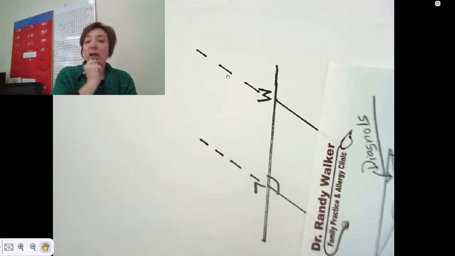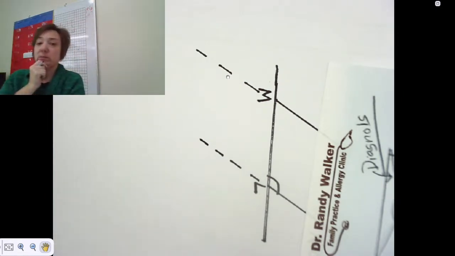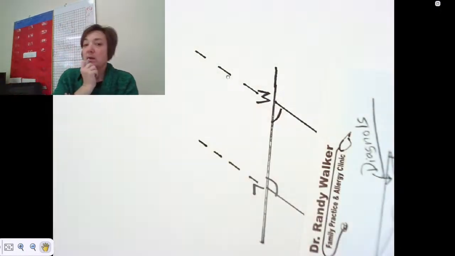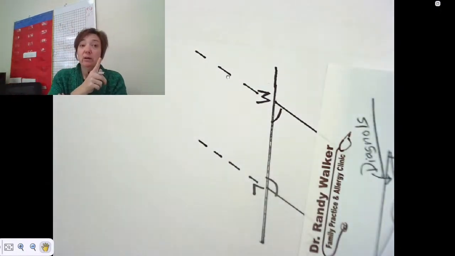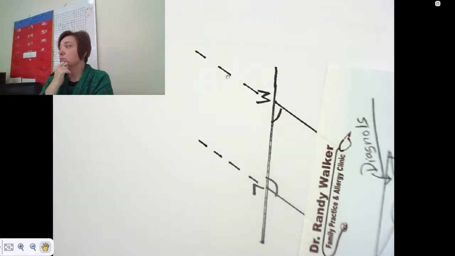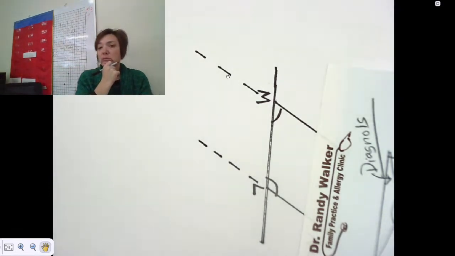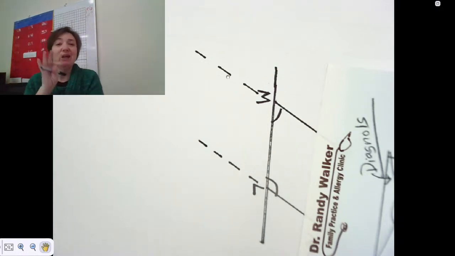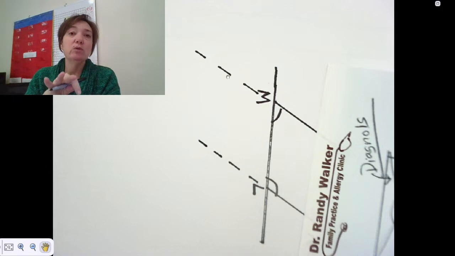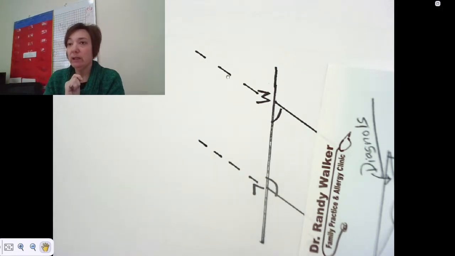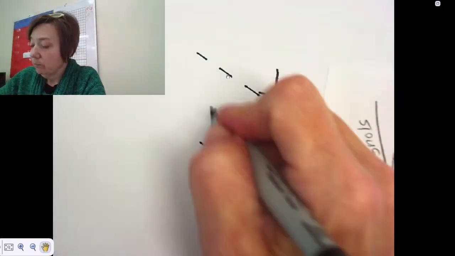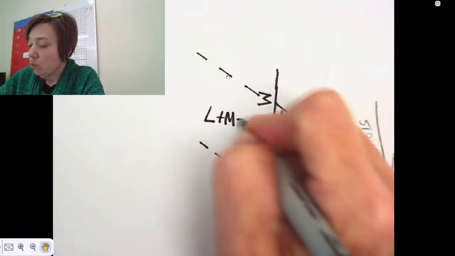So what do we know about angle L and angle M? They're interior. Are they same side or are they alternate? They're same side. So we know that same side interior angles are supplementary. So angle L and angle M equal 180.